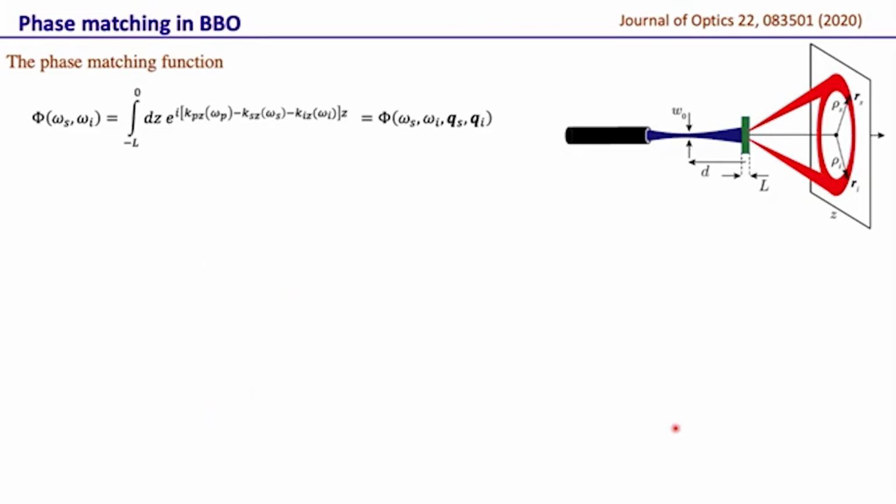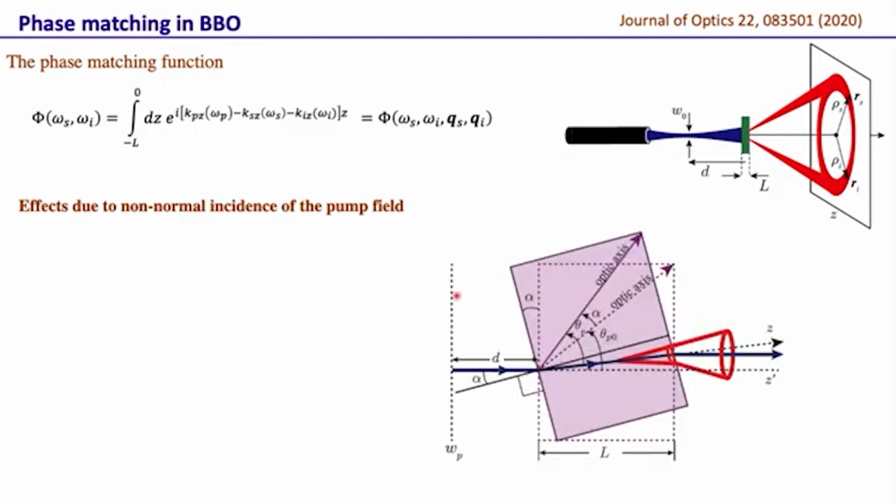Okay, so with that, you can also look at one other effect as to how it affects the down conversion. That is the effect of non-normal incidence of the pump field. This is pretty much the same as changing theta p, and that's how it works. Suppose we have a crystal and a pump photon coming in at this crystal.